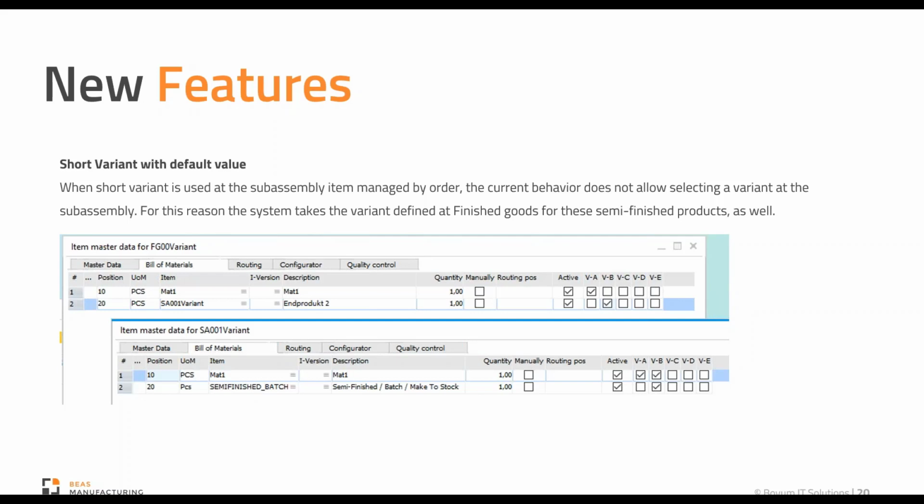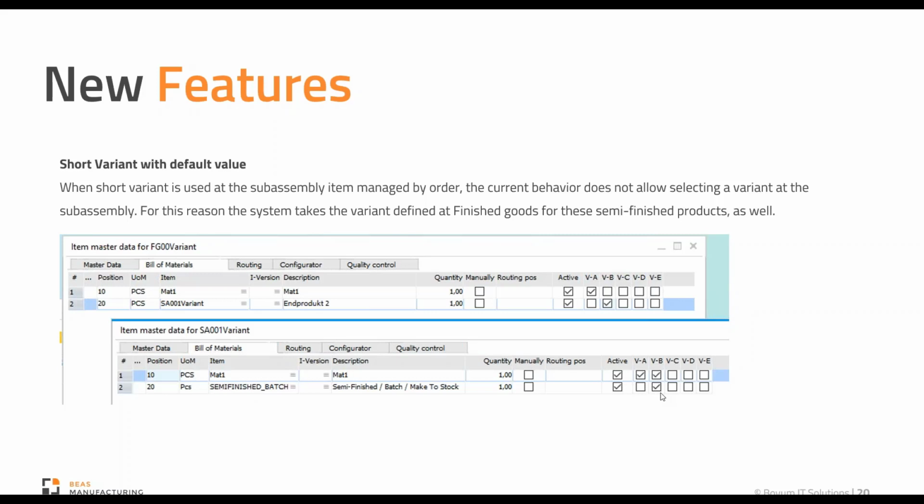So we've changed the logic here, okay? In this case, if I pick the variant A of the top item, it will not do anything for the second item because it doesn't have a variant A. But if I pick variant B, it will go to the variant B of the subassembly, okay?